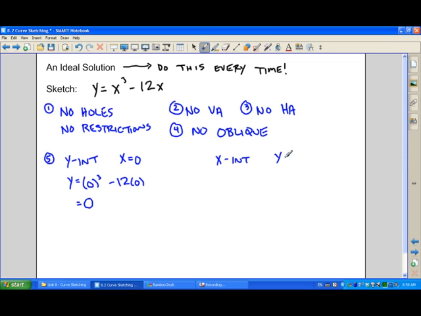X-intercepts happen whenever y is equal to 0. So I'll make y 0, and I need to solve for x. So I'll do this by factoring. I'll factor out an x from both terms.